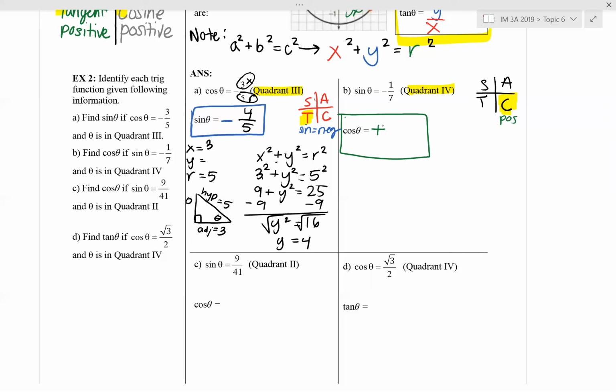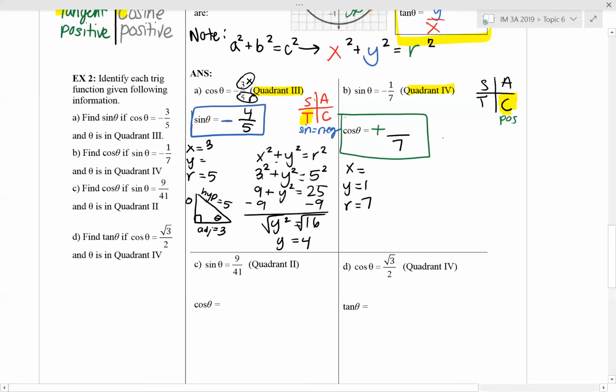Okay. So sine being negative 1/7 tells us that y is 1 and r is 7. So to figure out the value for x, because cosine is x over r, so it's something over 7, we want to do the Pythagorean theorem.